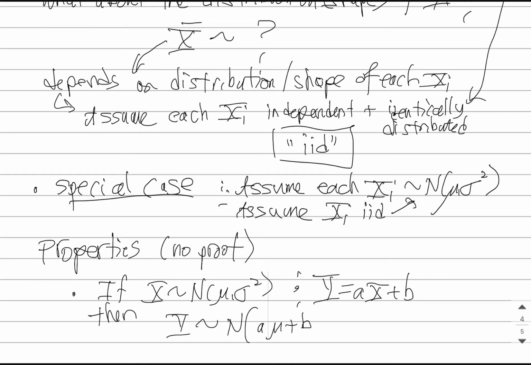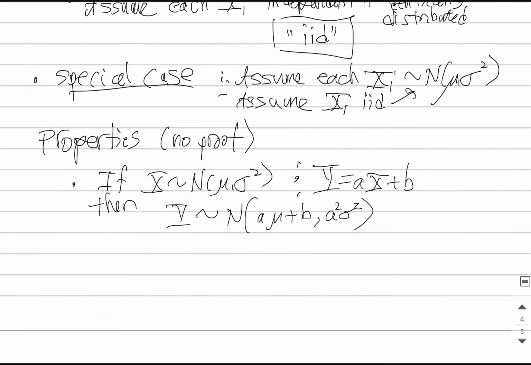Now it's normal, its expected value is shifted in exactly the same way as the function, and just like we assumed before, the variance only cares about the weighting in the front. So the first property says that if you shift and stretch a bump, it's still a bump.